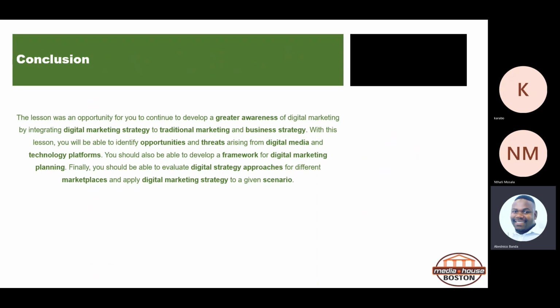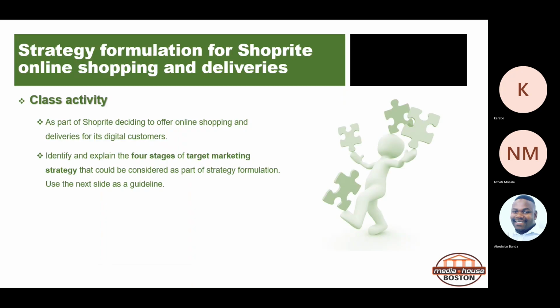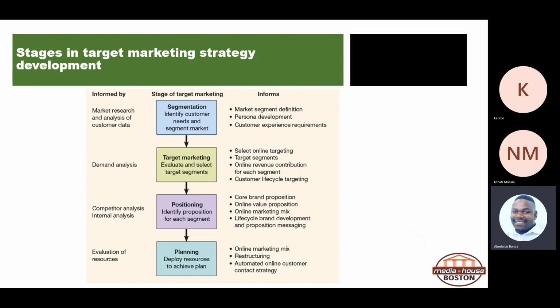So here are the stages. We've got segmentation as the first stage. We've got target marketing as the second stage. We've got positioning, then we've got planning. So can we discuss these stages by looking at ShopRite?